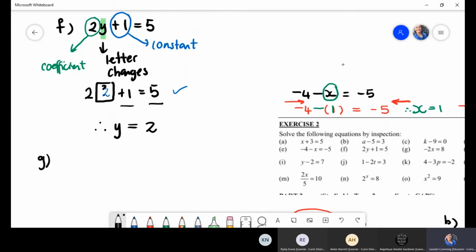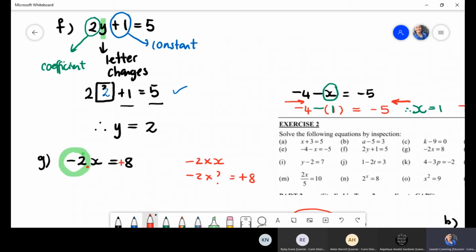So we're playing around the whole time. Look at number G. Minus 2x equals 8. What would my coefficient be now? My coefficient would be a -2, not just 2, a -2. Right, back to what we see. We see we have a product here. Minus 2x is the same as minus 2 times x. I ask myself, minus 2 times what will give me a positive 8?